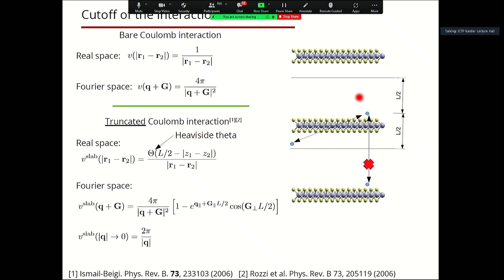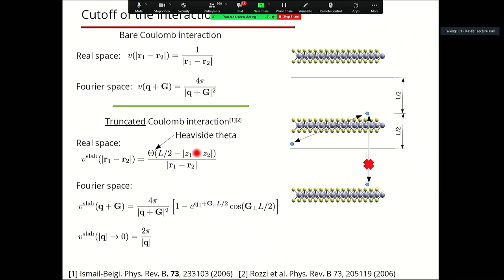And in this way, each electron does not see other electrons anymore which are plus or minus L halves distant in the non-periodic direction. So this electron here sees only other electrons in this region here. Thus, we are removing the interaction between electrons that are near to different monolayers.